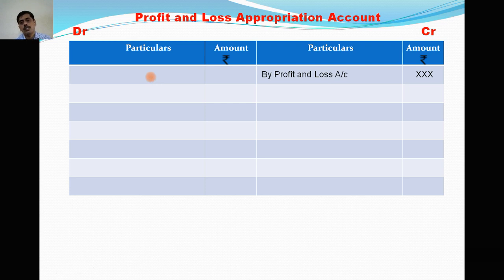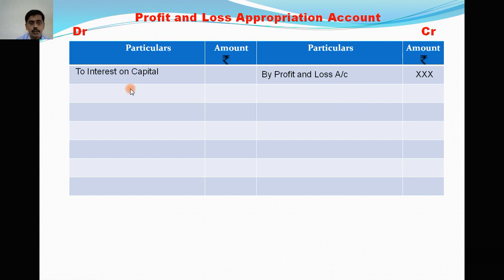Generally, the appropriations include interest on capital, salary or commission payable to the partner, then interest on loan payable to the partner. These are the items to be appropriated. And if the firm charges interest on drawings, it will be income to the firm, so again it will be credited here. Okay, now let me start.